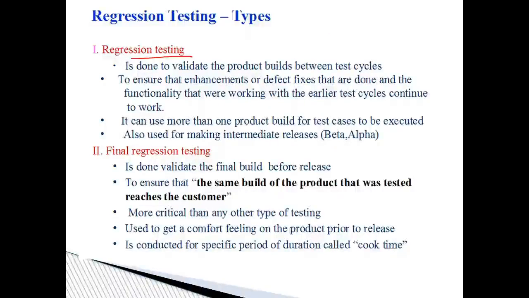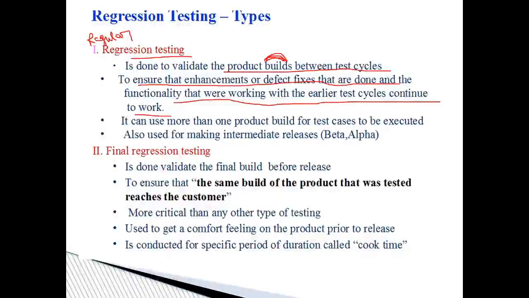Regular regression testing is done to validate the product builds between test cycles. Wherever you make changes in any of the product builds, you verify that it has not affected those builds, to ensure that the enhancements or defect fixes that are done, and the functionality that was working with the earlier test cycles, continue to work fine.